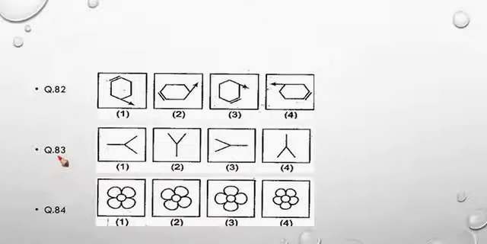Question number 83. There are 4 options given. When we observe these 4 options, we find that a similar looking design is available in each of the problem figures.